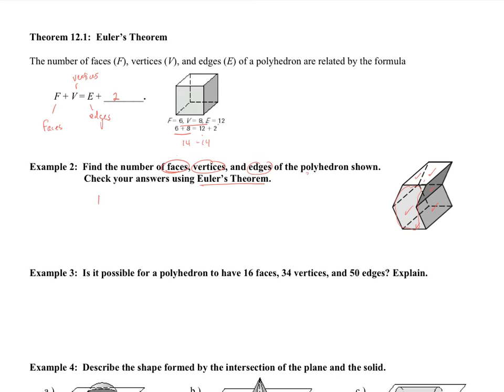So we have 8 faces, and vertices we have 1 through 12. And edges we have 1 through 18.